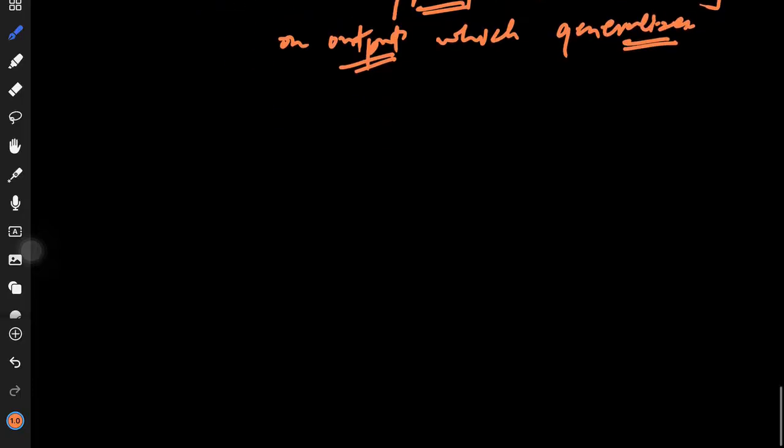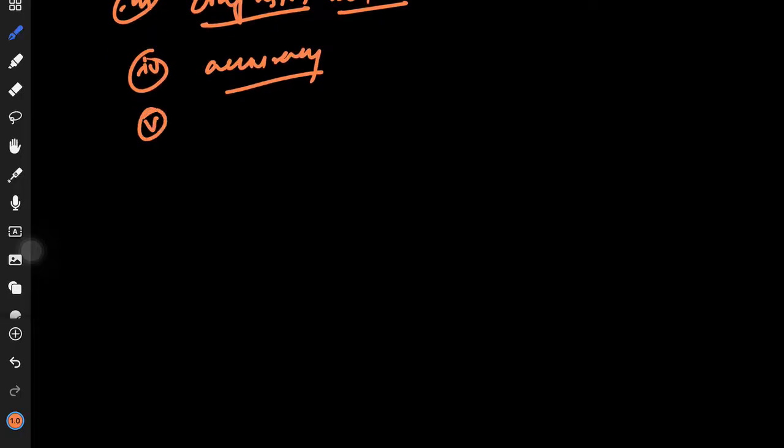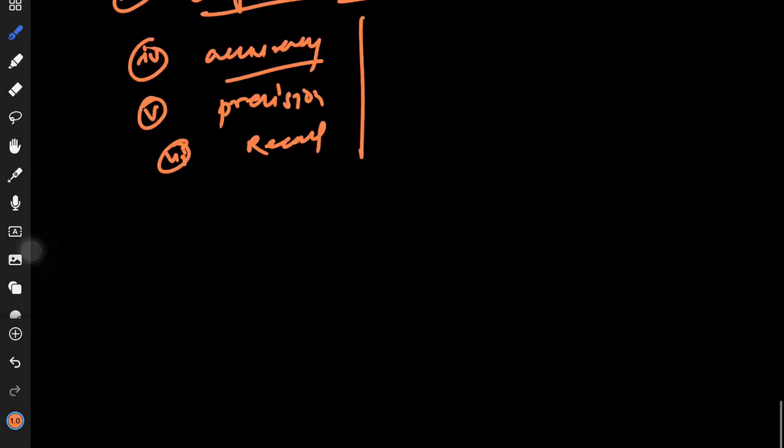Okay, the third we can use is confusion matrix. Confusion matrix is used for classification models. Then the fourth technique we can use is calculating accuracy. Then the fifth technique is precision. Then recall, this is the sixth one.